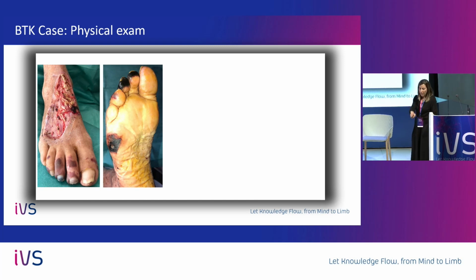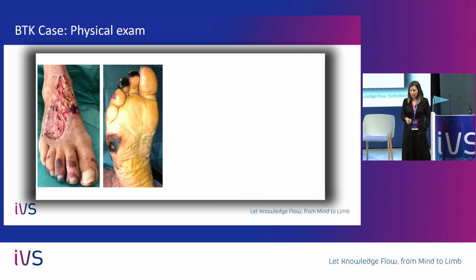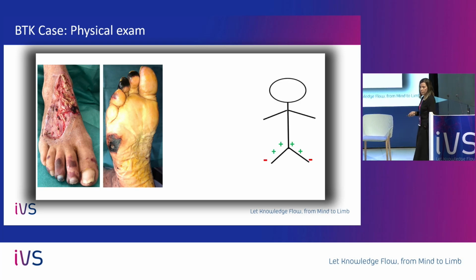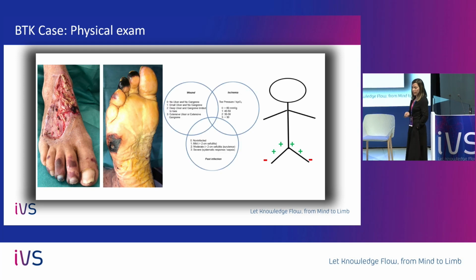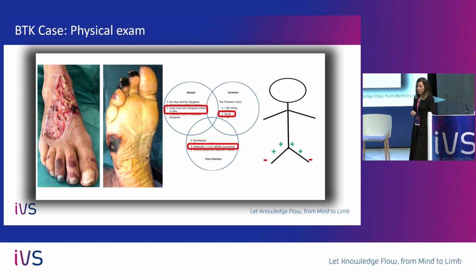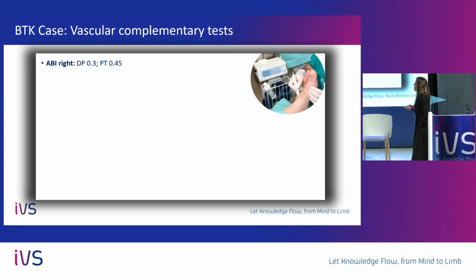We're not used to seeing this clinical presentation on the dorsal area of the foot, but the other areas can also be ischemic. There were no distal pulses in either lower limb, and the WIfI classification was 222.